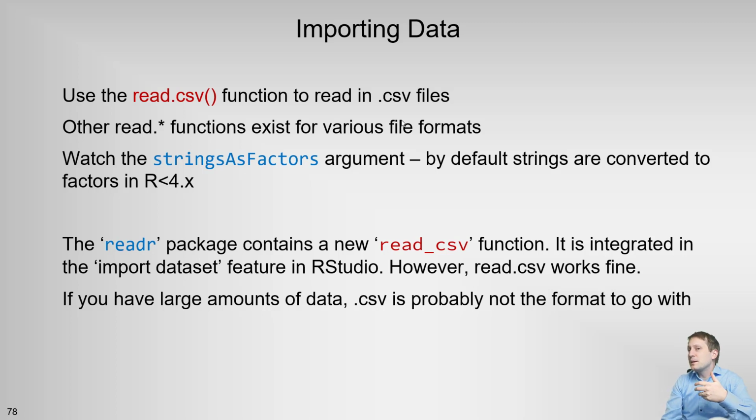But then sometimes maybe not. So really there's the question, okay, what should the default be? Should a column that contains strings automatically be converted into a factor or not? And so that behavior changed. So starting from R version 4, the strings as factors argument is actually set to false. So by default, anything that's characters stays characters, not turned into factor.